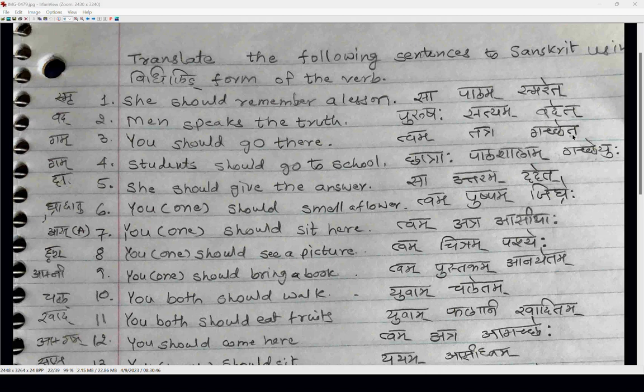So here also we want that, right? Yeah, halant. Okay. Next. Students should go to school. Chhatrah pathshalam gaccheyuh. She should give the answer. Sa uttaram dadet. Why dadet? Da is the dhatu.